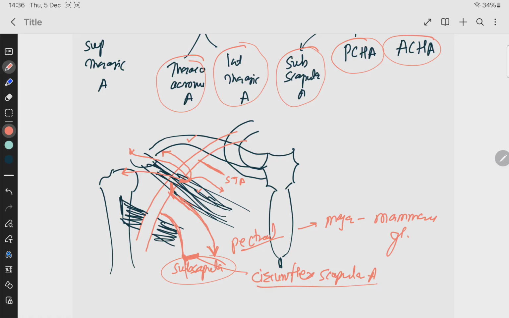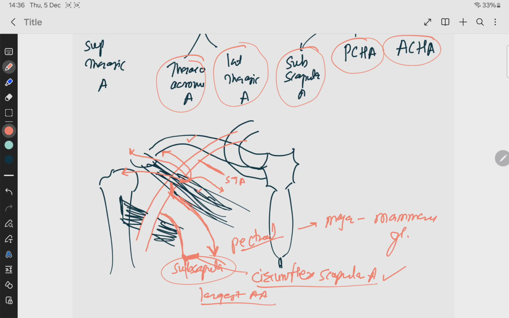Now subscapular artery is the largest branch of axillary artery that supplies the scapular region, okay.